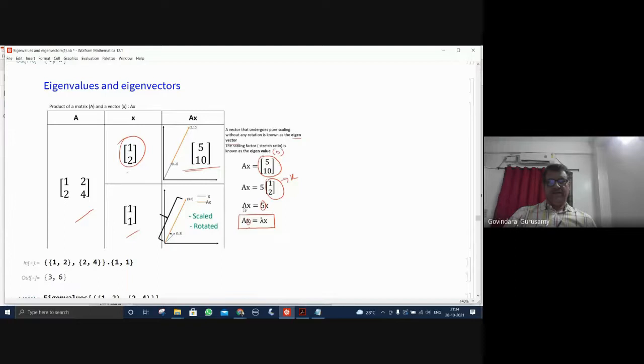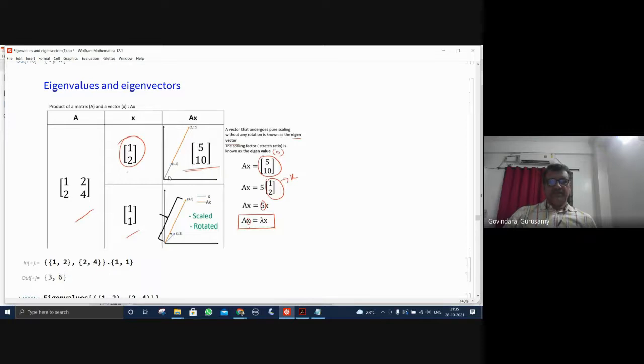A is the matrix. This is the matrix. I have a vector here. X is a vector, and Ax equal to 5 times x. 5 times x. Okay. So this is the eigenvalue 5, and the eigenvector is x, which is 1, 2. That is what is being described here.